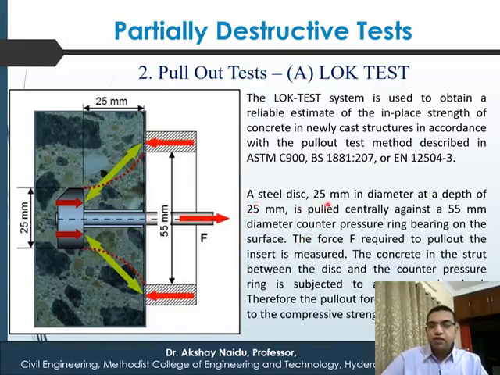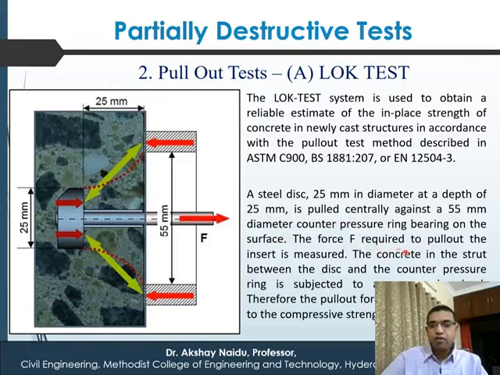A steel disc 25 mm in diameter at a depth of 25 mm is pulled centrally against a 55 mm diameter counter pressure ring bearing on the surface. So once this piece is put and this protrusion comes out, then we place another ring of 55 mm diameter, and there is hydraulic equipment which is used to pull this out with force.